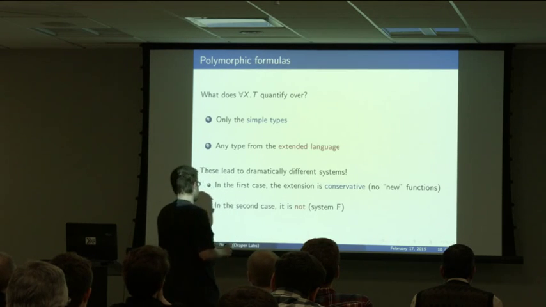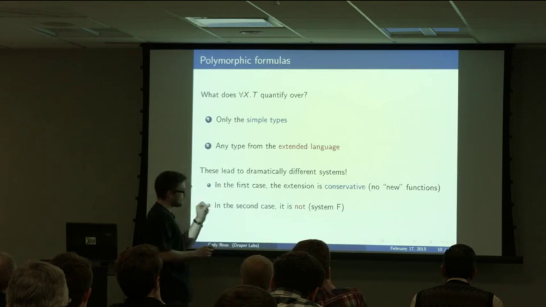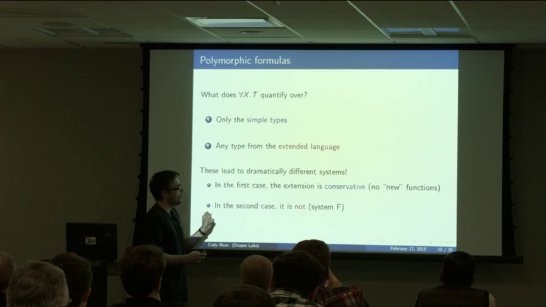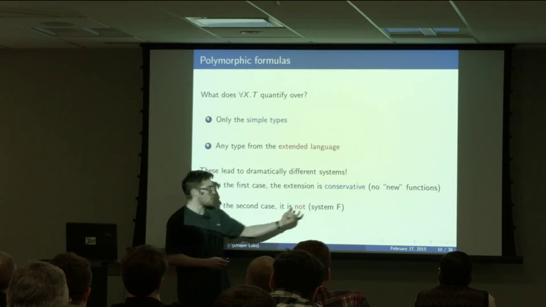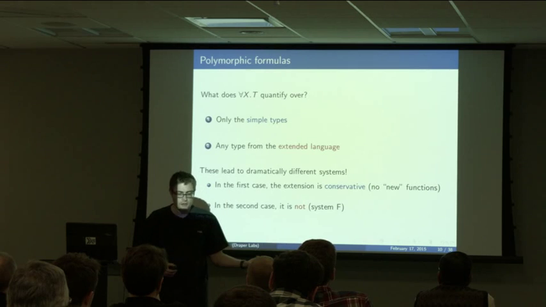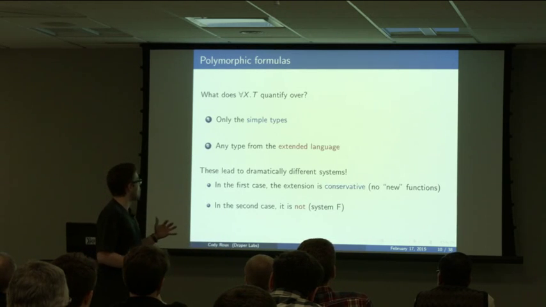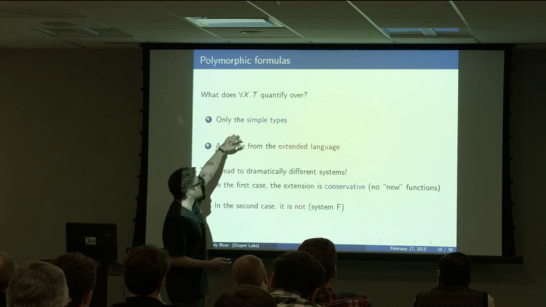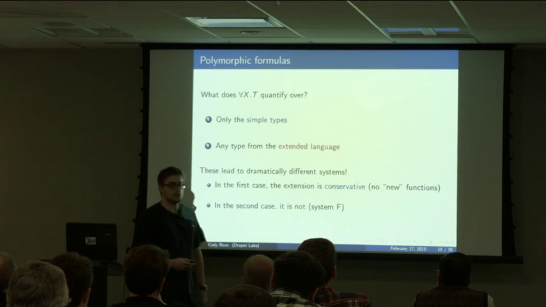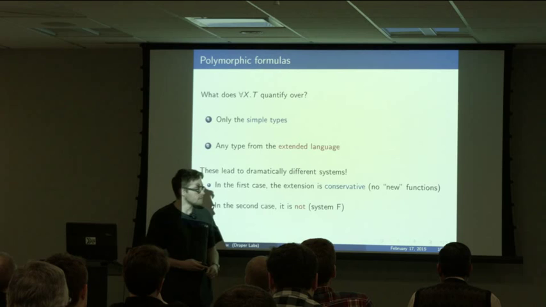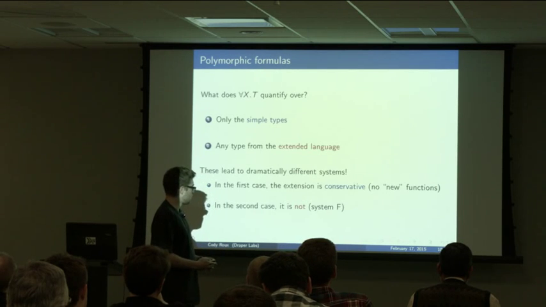Okay, and in the second case, you get something completely different, and this is quite bizarre. You get something called System F, which I'm going to talk about later, and System F is just astronomically more expressive. You get something really different from this simple type system I described earlier. So this is kind of an interesting phenomenon.